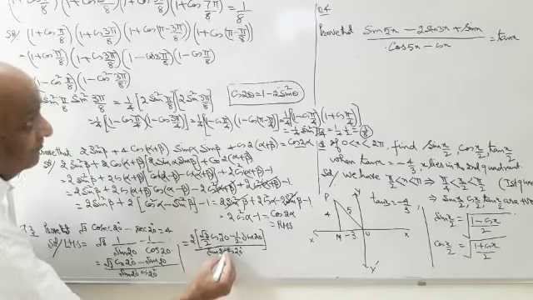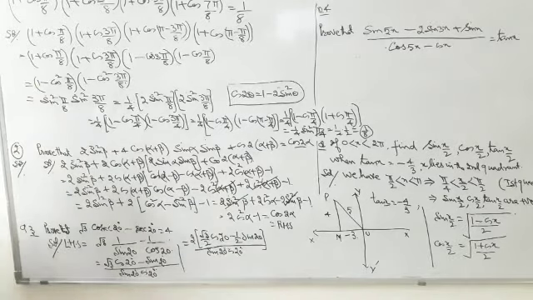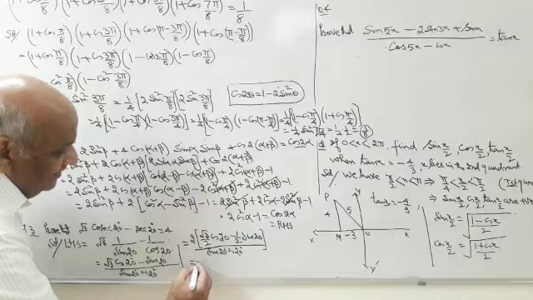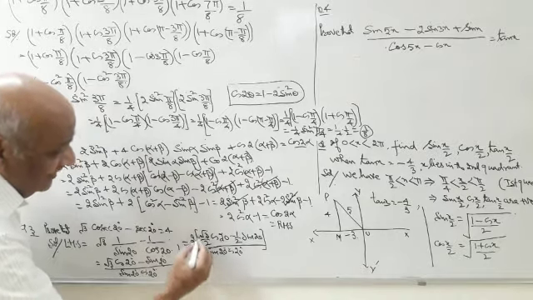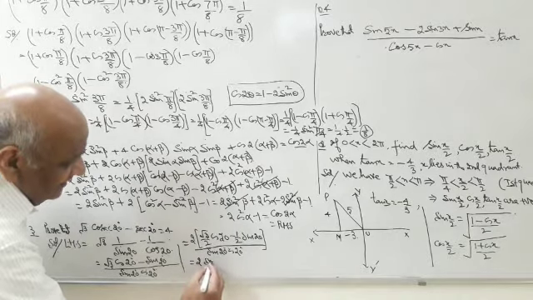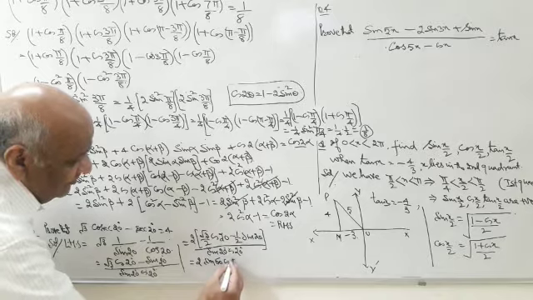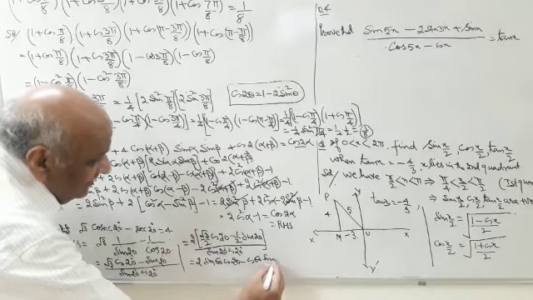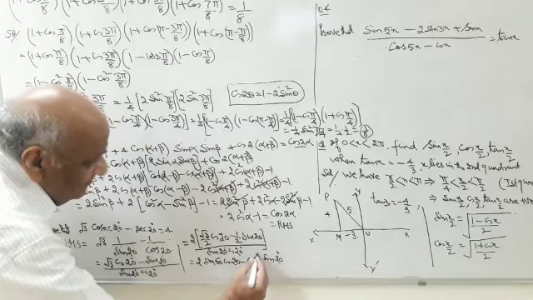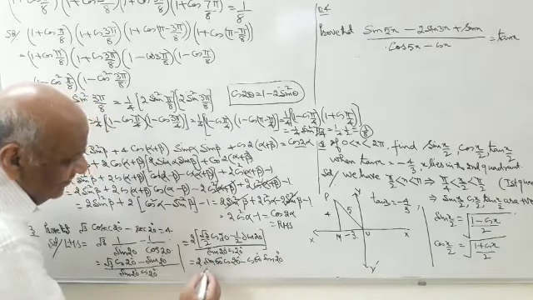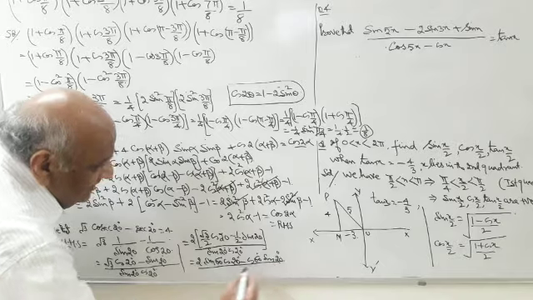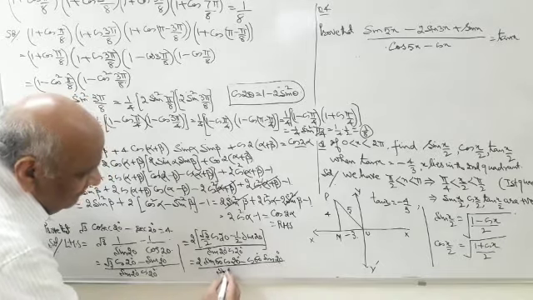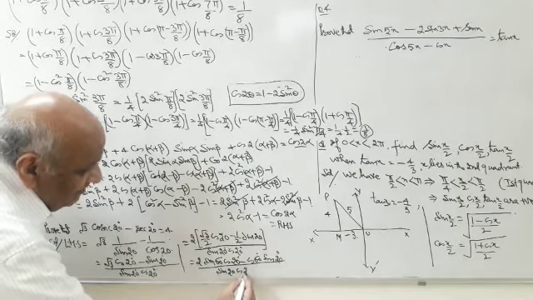Now under root of 3 by 2 is sine 60, and half is cos 60, so it is sine 60 cos 20 minus cos 60 sine 20, upon sine 20 cos 20.